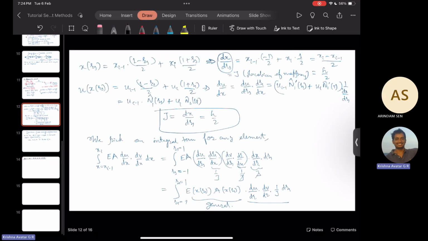So what we'll do is I'll just pick up this integral here. In this case, E and A will just be constants and will come out of the integral.